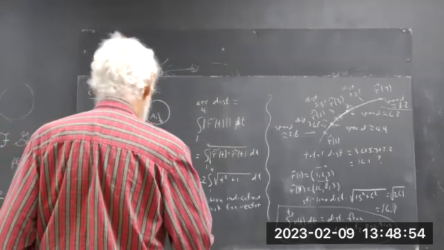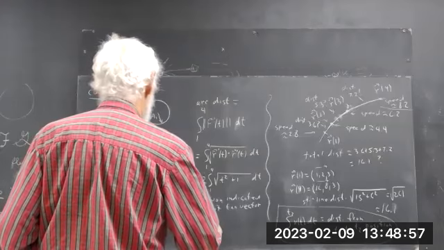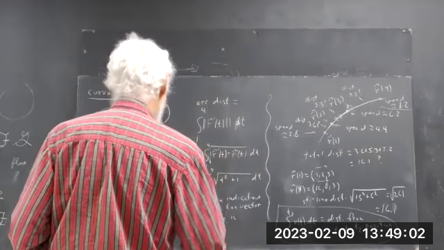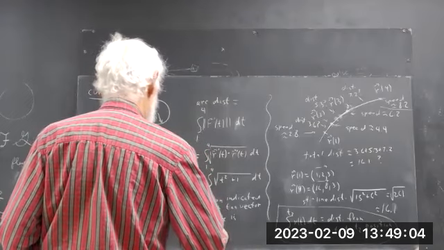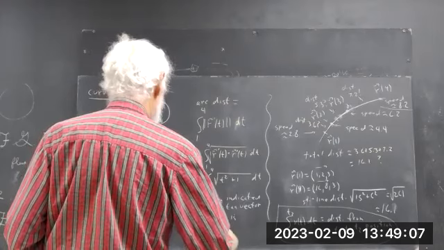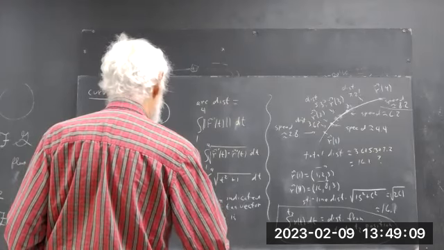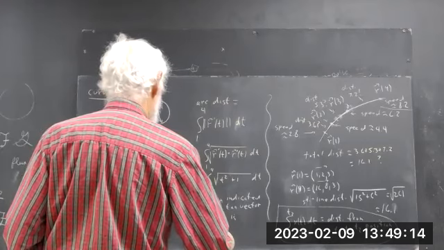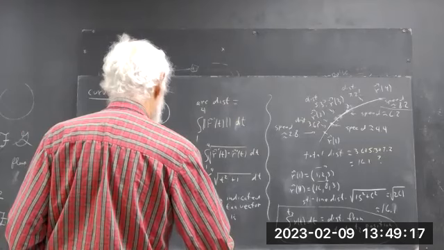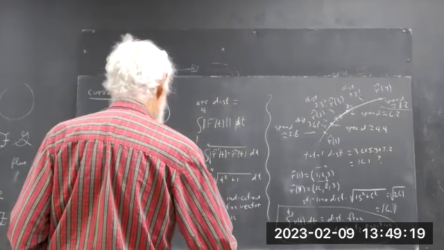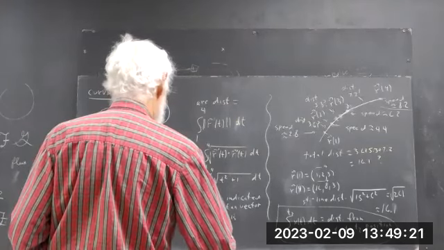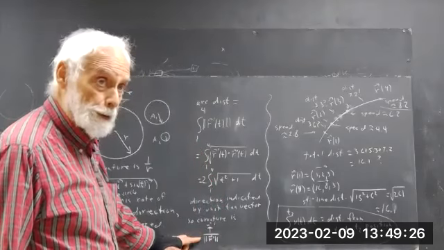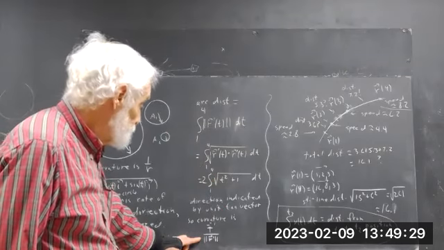Basically, the rate of change of the unit tangent vector is what we want.